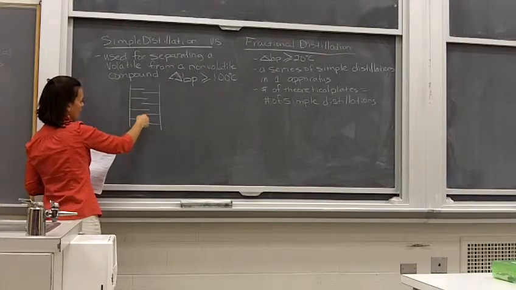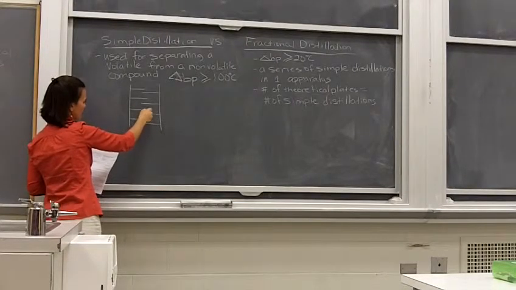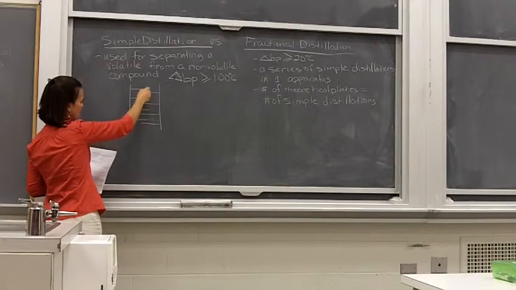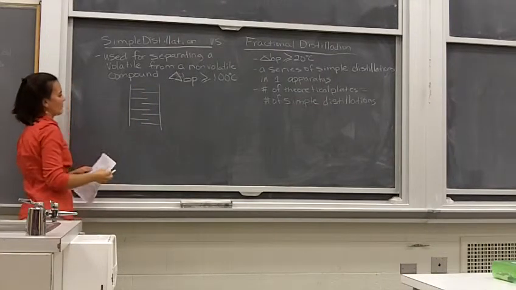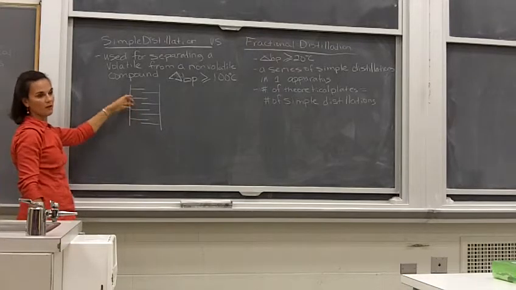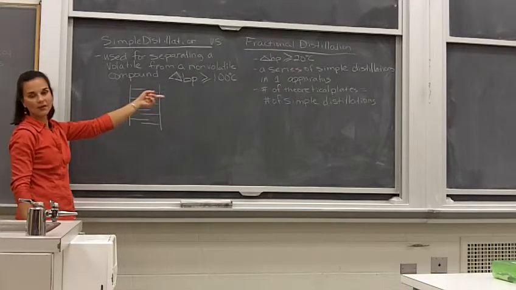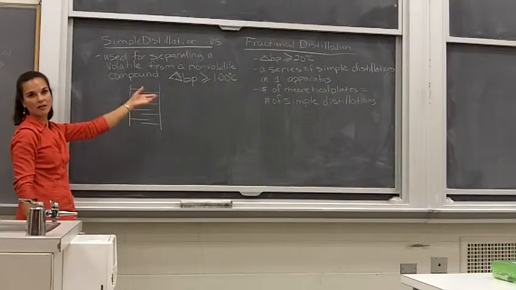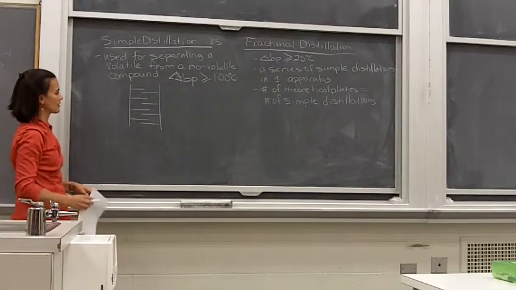Vaporization, and then condensation, vaporization, condensation, vaporization, condensation, all the way up. And that is how many mini simple distillations you would do, is equal to this number of plates. So that's where theoretical plates came from when you're talking about doing a fractional distillation.